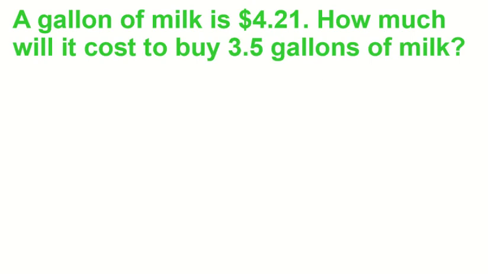So let's start with the gallon of milk. Gallon of milk costs $4.21. We need to find out how much it costs to buy 3.5 gallons of milk.